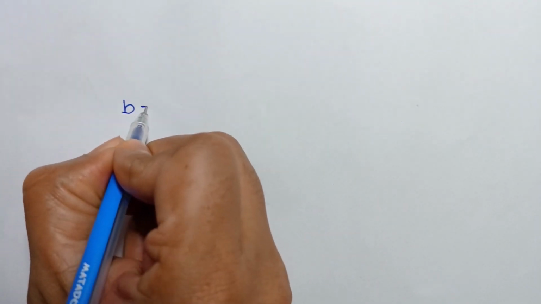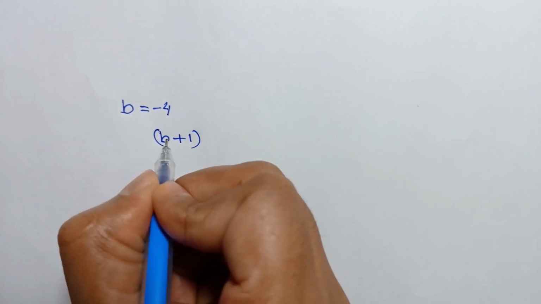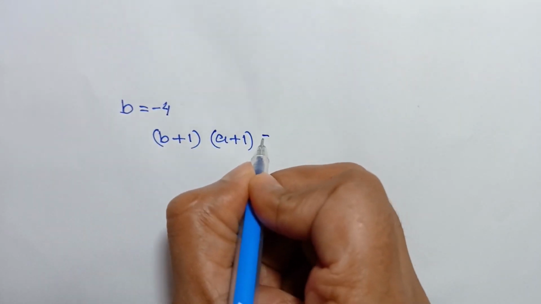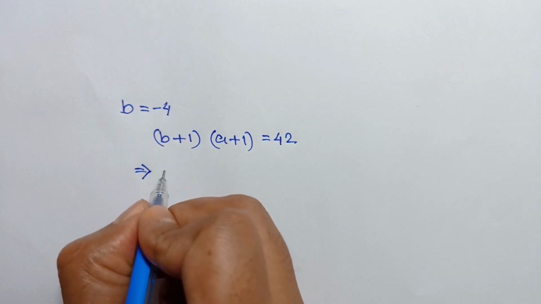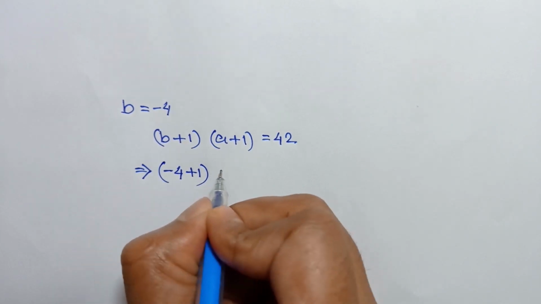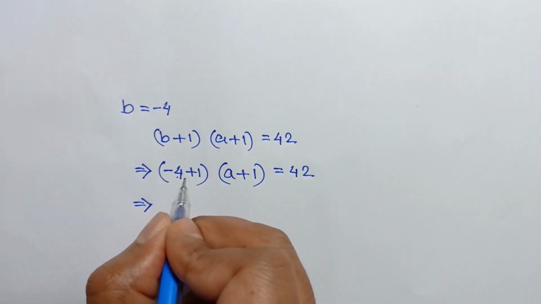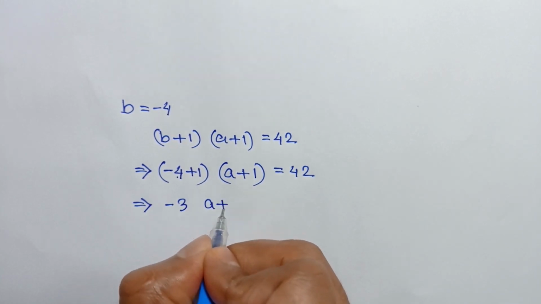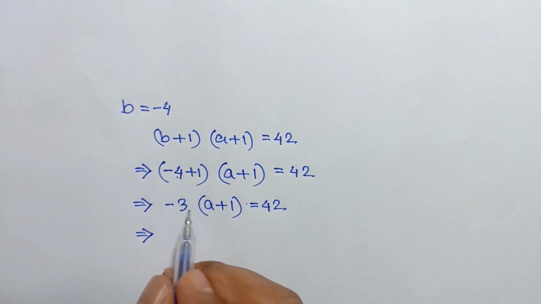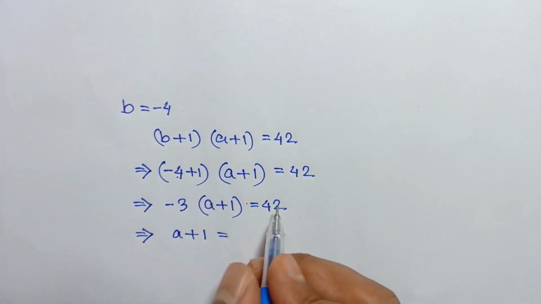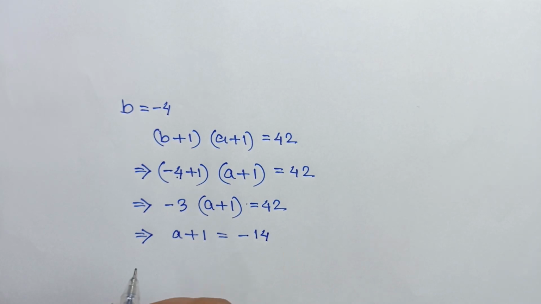When b = -4, from equation 4, (b + 1)(a + 1) = 42, or substituting the value of b = -4, we can write (-4 + 1)(a + 1) = 42, or -4 + 1 is -3 times (a + 1) = 42. Dividing both sides by -3, we can write a + 1 = 42 over 3 is 14, and this negative will give -14.